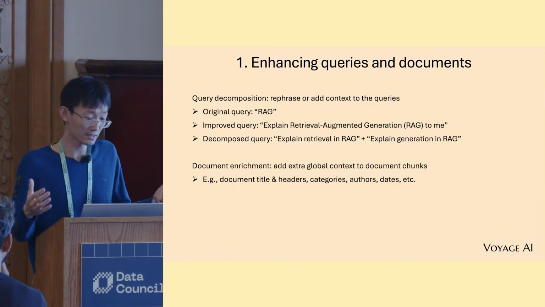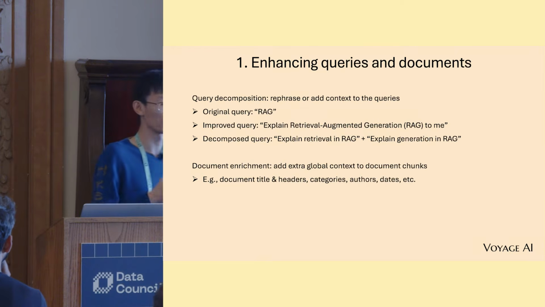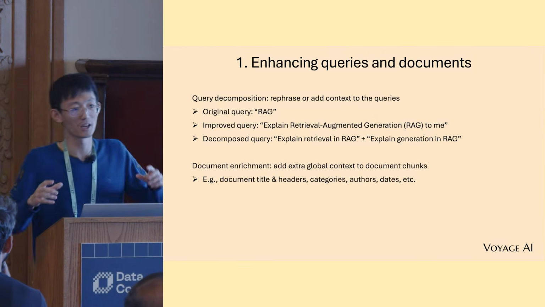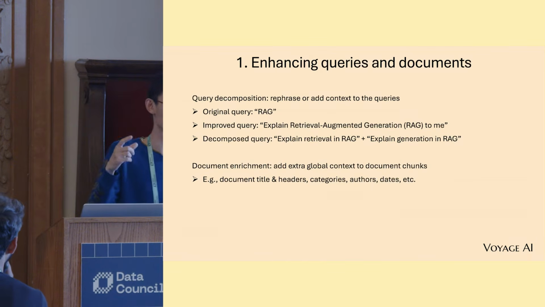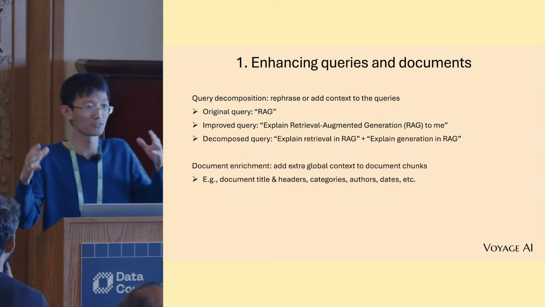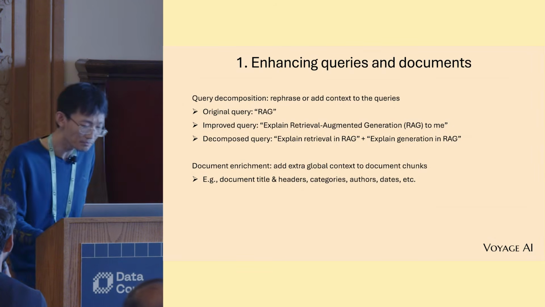On the document side, you can add document headers, titles, categories, authors, dates, whatever you can think of. Sometimes for legal documents, you add the first paragraph to every later chunk, because the first paragraph defines the entity and some of the high-level context, so you copy-paste that into every chunk in the later part.